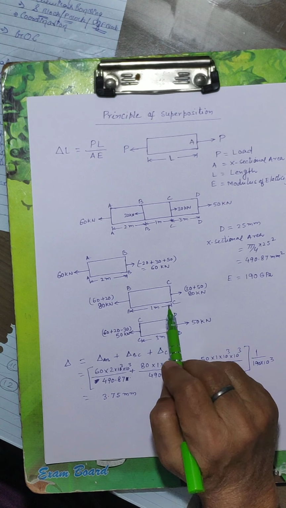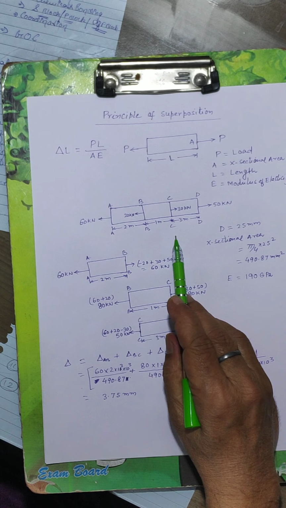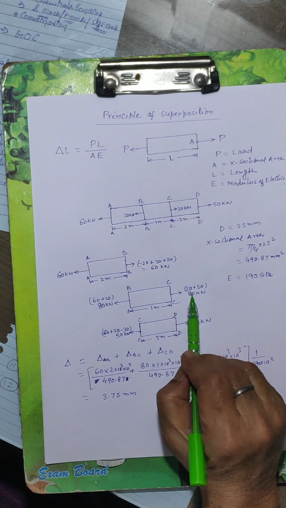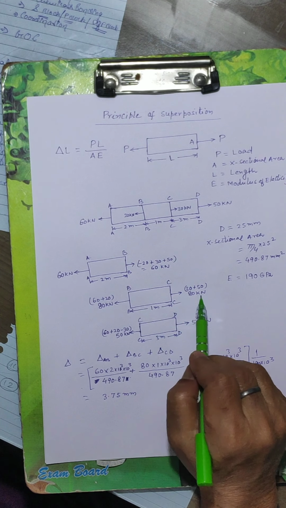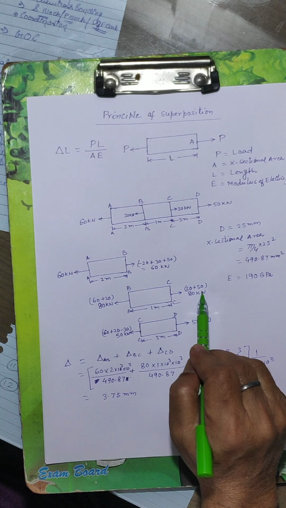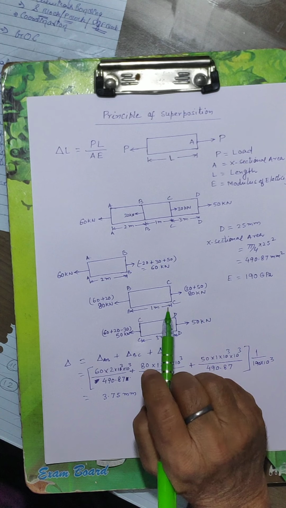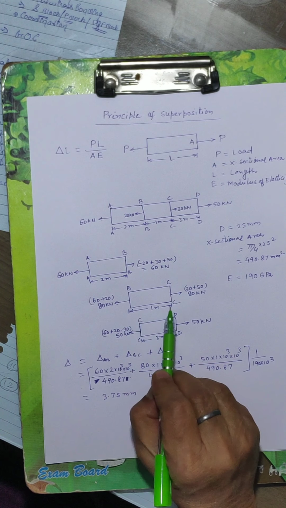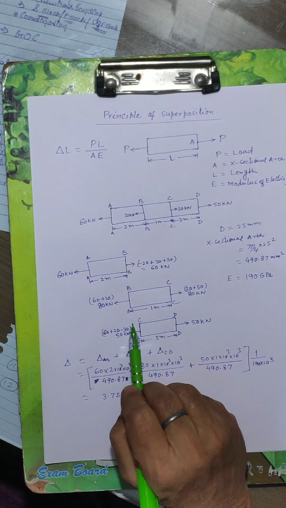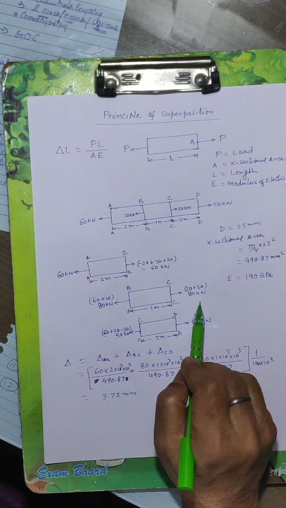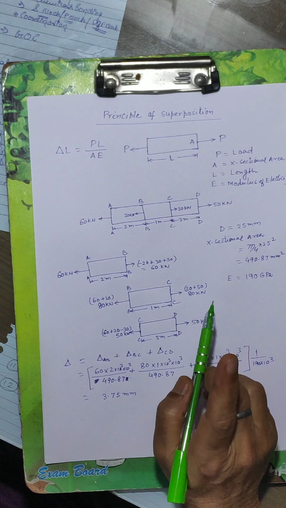At section CC, 30 kilonewton right side, 50 kilonewton right side, so both are positive, 80 kilonewton. So the free body diagram BC is subjected to 80 kilonewton tensile force.